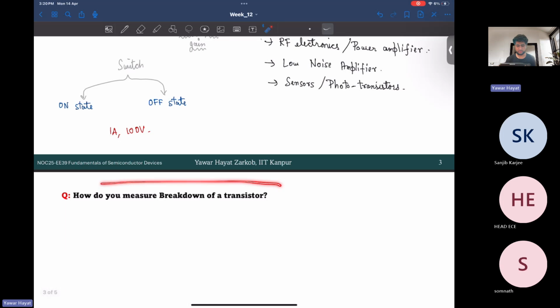Also, how do you measure breakdown of a transistor?